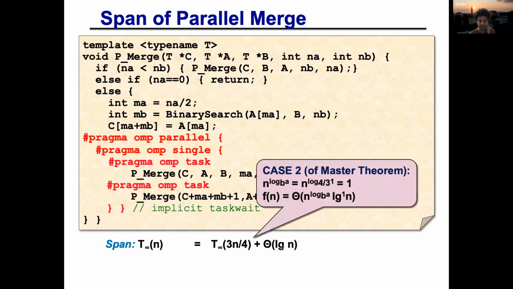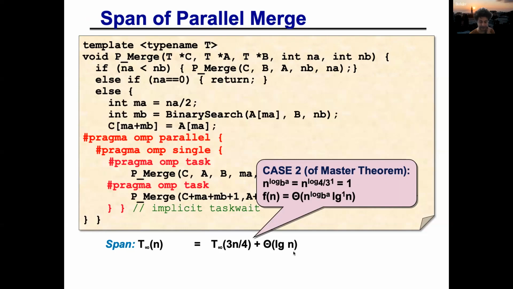Well, okay, where does it lead us to? This leads us to the case where these things are comparable, surprisingly. This might not look like it, but n to the log base 4/3 of 1, because any base logarithm of 1 is 0, is n to the 0, so it's 1, right?